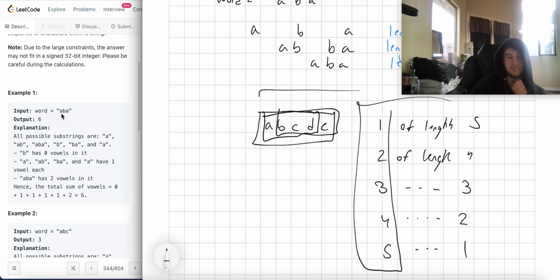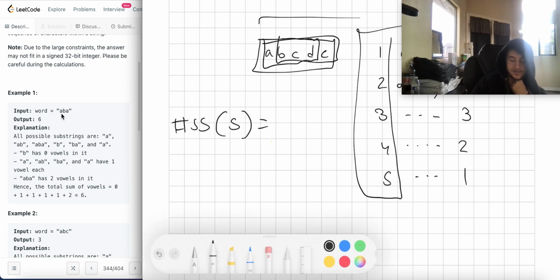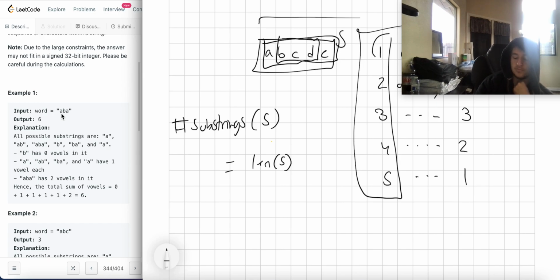So that means the number of substrings for a string S equals the length of S times the length of S plus 1, divided by 2. Because for length 5, it's 1 plus 2 plus 3 plus 4 plus 5.